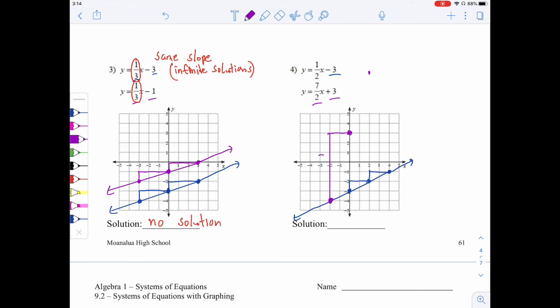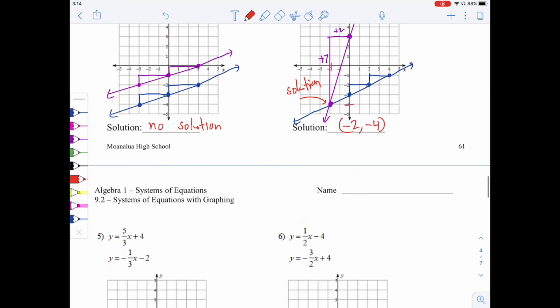We're still going up 7, right 2, 7/2. Then we do our line. And then we see our intersection is right there. So that's our solution: -2 on the x, -4 on the y. So (-2, -4). And that's our solution.